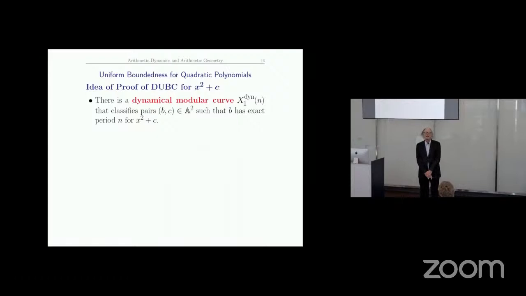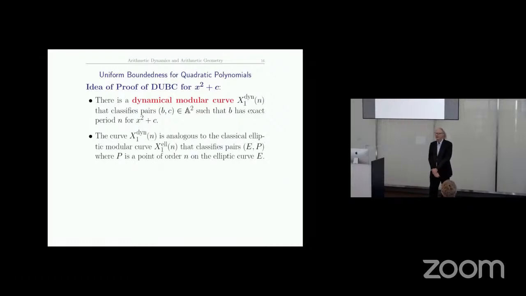The idea is that there's a curve whose points characterize the solutions we're looking for. So there's this dynamical modular curve, X1 of n, that classifies pairs of points, b comma c, where b gives a cycle of exact size n for x squared plus c.